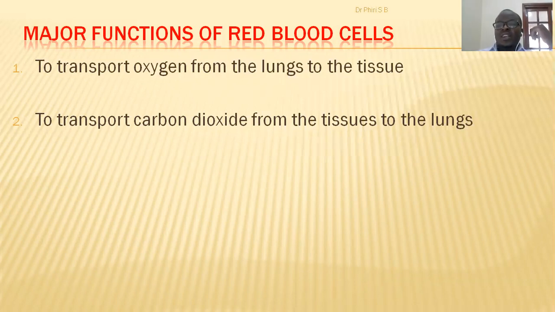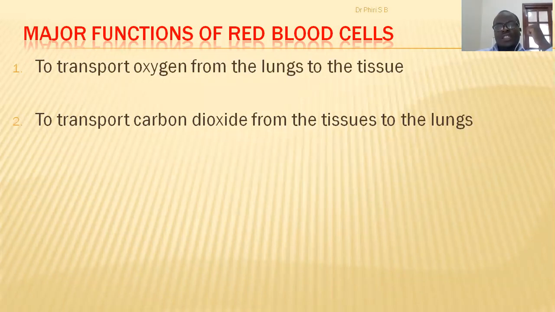So part of these red blood cells will carry the carbon dioxide back to the lungs for gaseous exchange. So it is a function of the hemoglobin again that can combine with carbon dioxide to be carried to the lungs. But remember that oxygen and carbon dioxide are both binding to the hemoglobin, but the sites to which they bind are different.